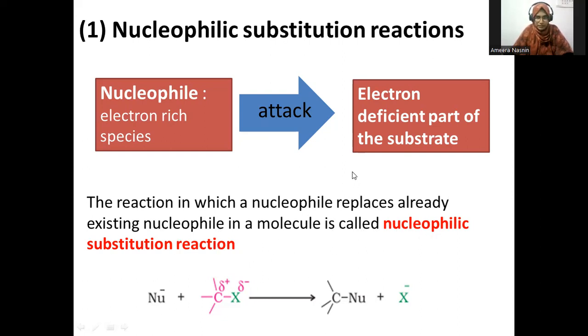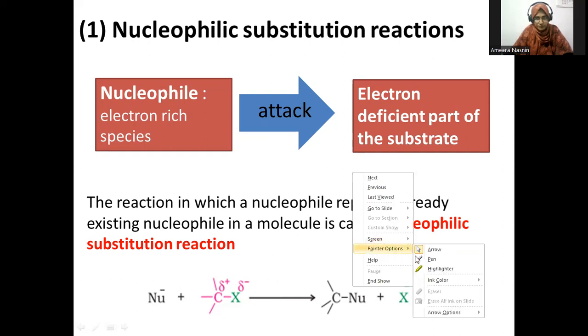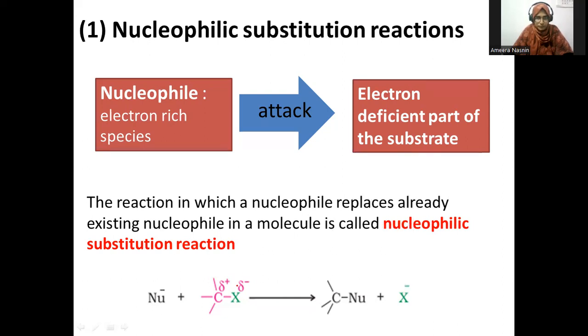So here a general reaction is given. This is our substrate alkyl halide. The halogen being more electronegative than carbon, this bond will become a polar bond, and the halogen atom will have a partial negative charge and the carbon atom will have a partial positive charge, which means this carbon is the electron deficient part of the substrate.